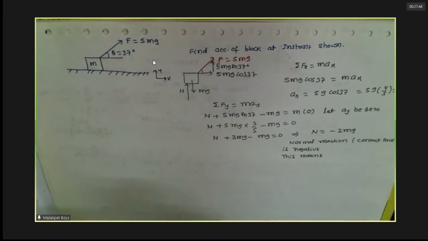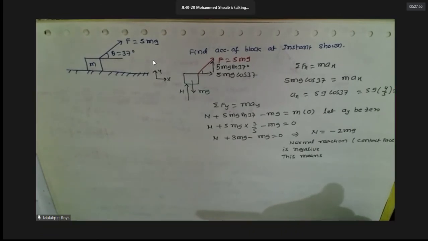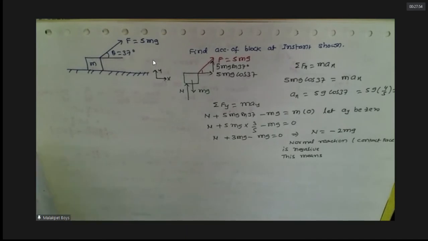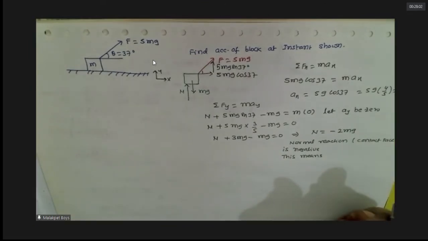Understood my question? Some physical quantity has 0 value. Is it existing or non-existing? Existing, sir. You observe, at the instant of birth, are you alive or dead? Alive. But your age is 0, no? That means 0 doesn't mean non-existing.